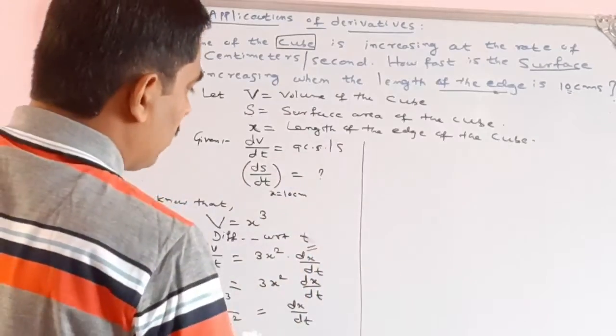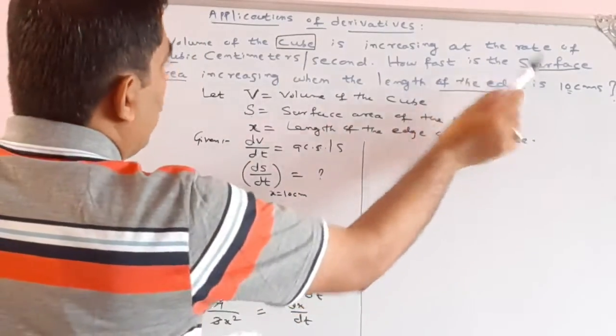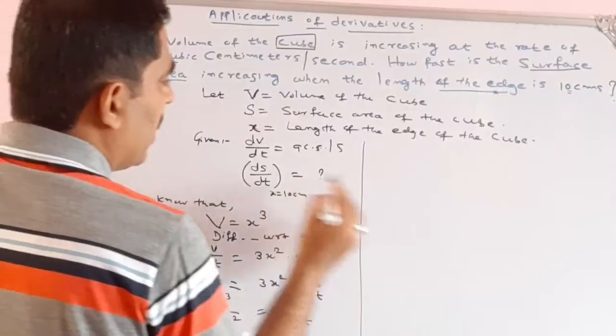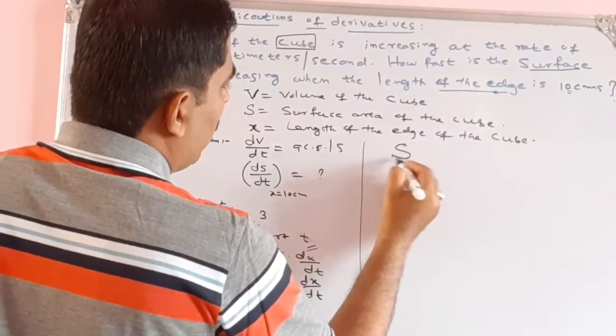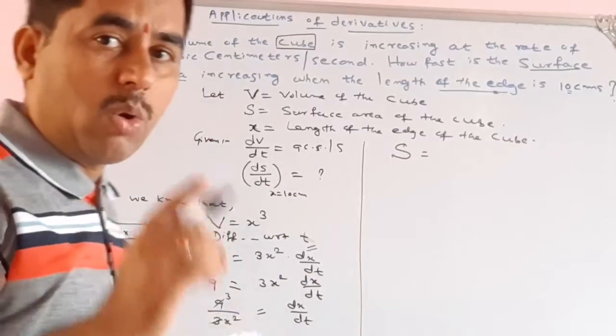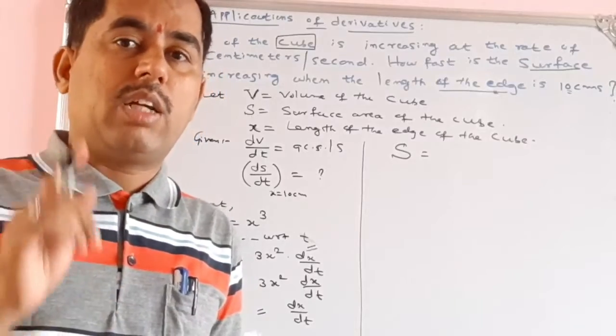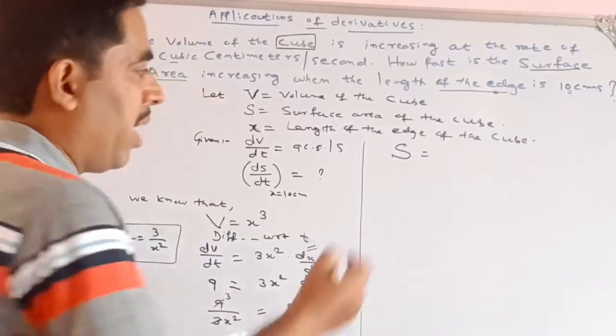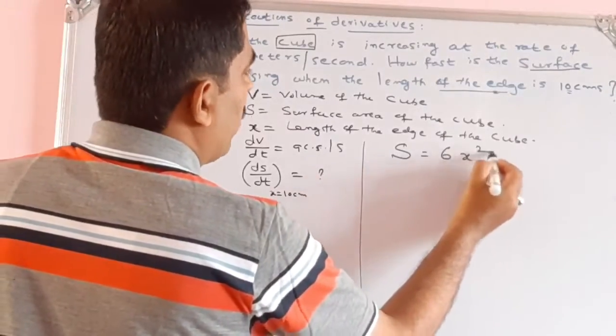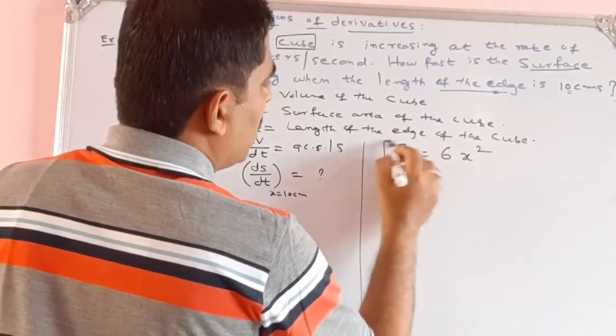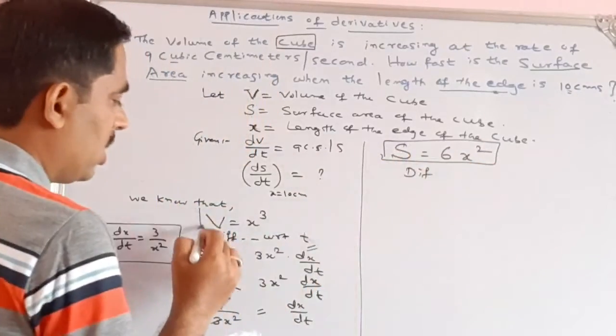Afterwards, we have to find how fast the surface area is increasing. We know that the surface area of the cube whose edge length is x units is 6x squared. This is the formula for surface area of the cube, and the earlier one is the formula for volume.